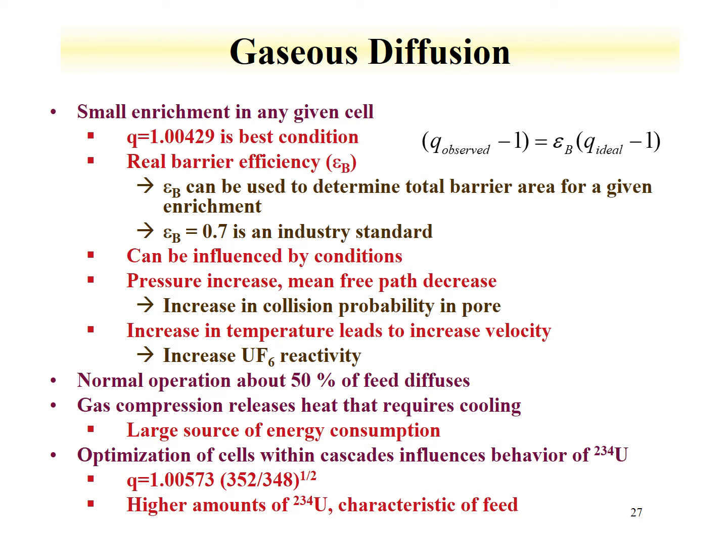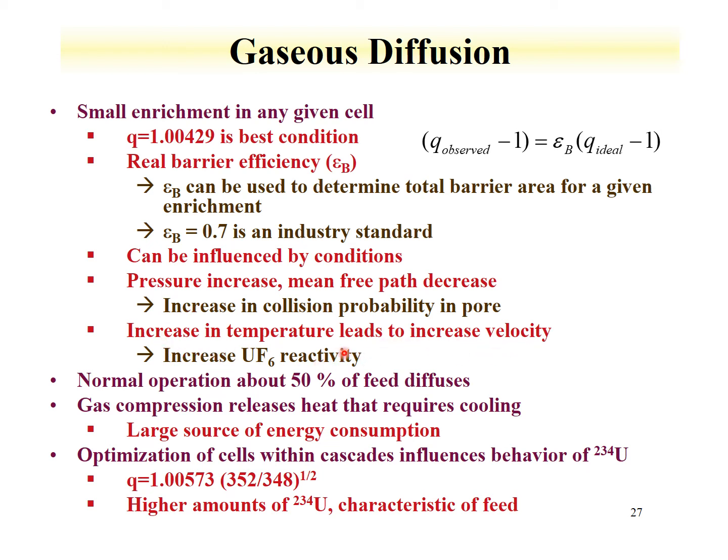This Q that we discussed in the previous slide is an idealized value under the best conditions. The real barrier efficiency is not nearly as good. It's actually around 70% of this amount. This can be influenced by a number of conditions, including pressure and mean free path of the system.